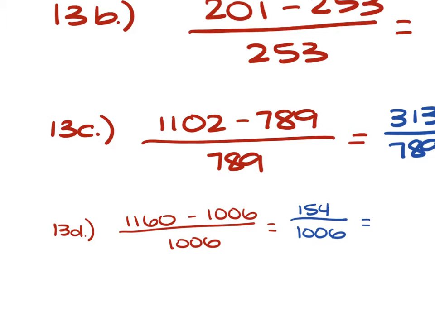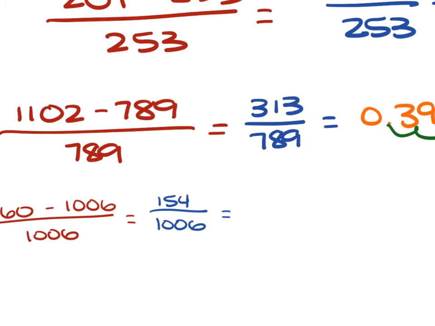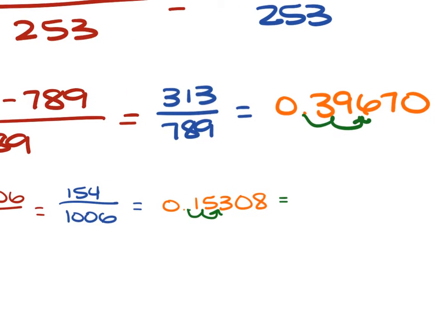We divide these, and we get 0.1531. We are going to move the decimal point and round to the nearest hundredth. So that's going to be 15.31%.